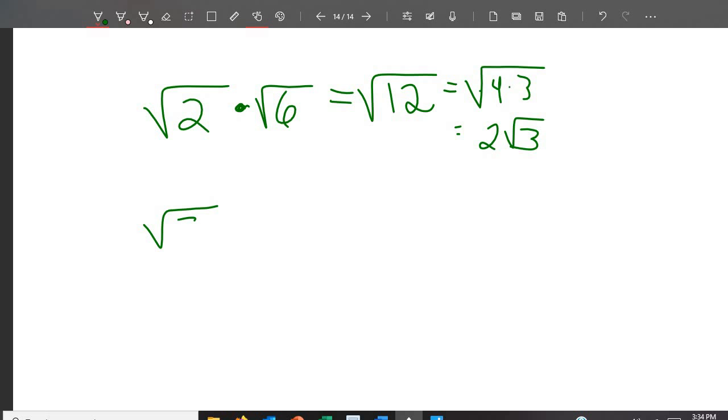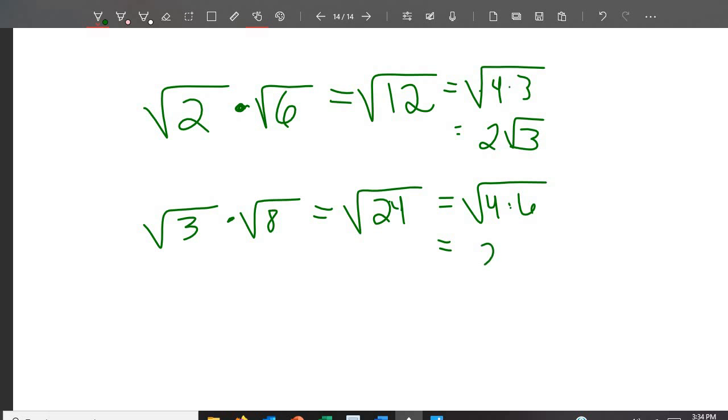Let's say I had the square root of 3 times the square root of 8. Well, first thing we're going to do is multiply them together. Then figure out a factor of 24 that I can take the square root of. Biggest one is 4.